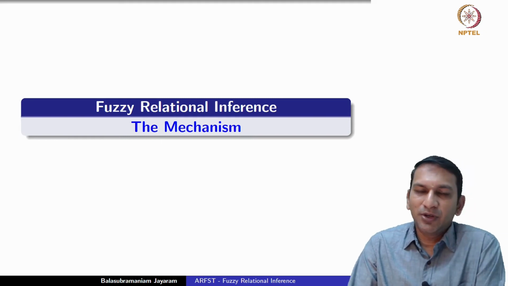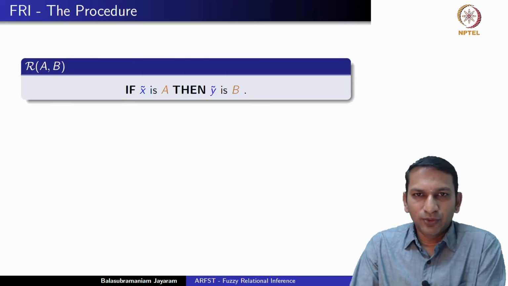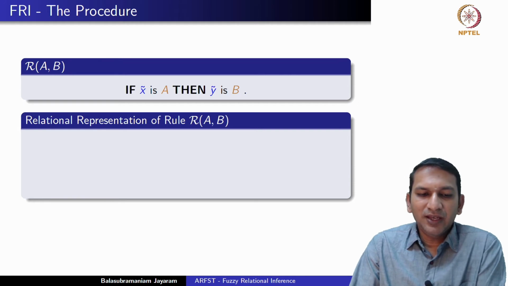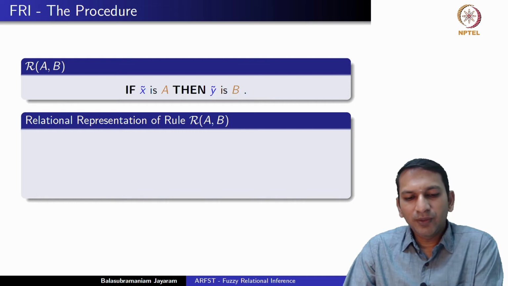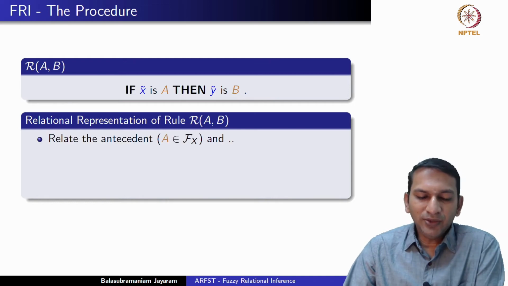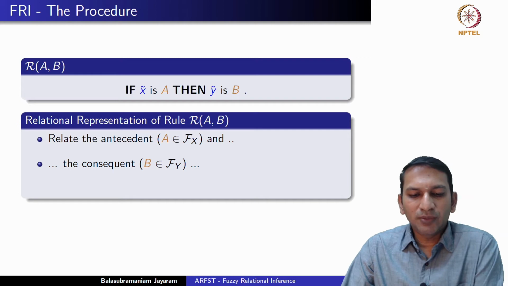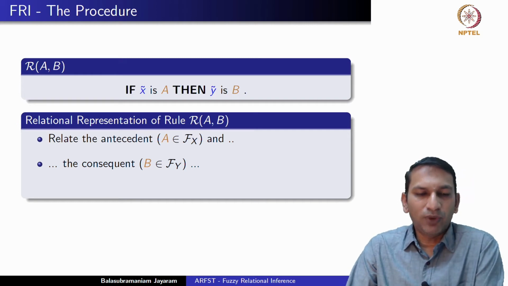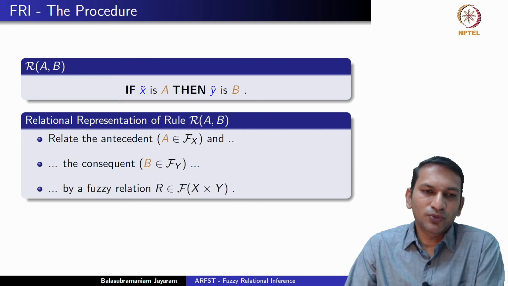Let's look at the mechanism. How do we do this? We are given a rule. Firstly, we are going to represent this rule in terms of a relation. What do we mean by this? We would like to relate the antecedent A, which is a fuzzy set on X, to the consequent B, which is a fuzzy set on Y, by a fuzzy relation on F(X cross Y).